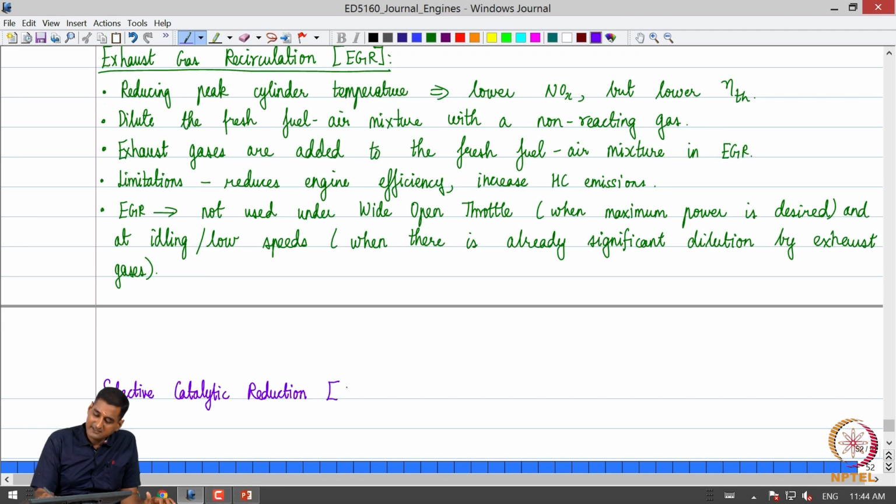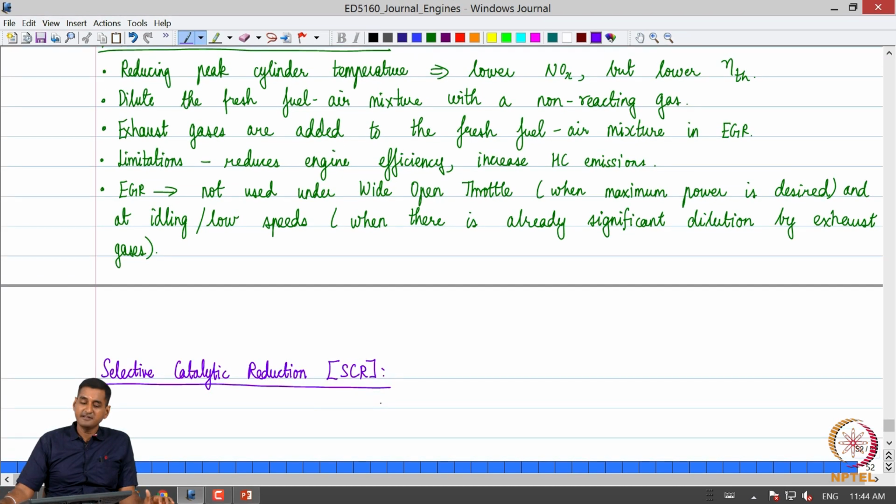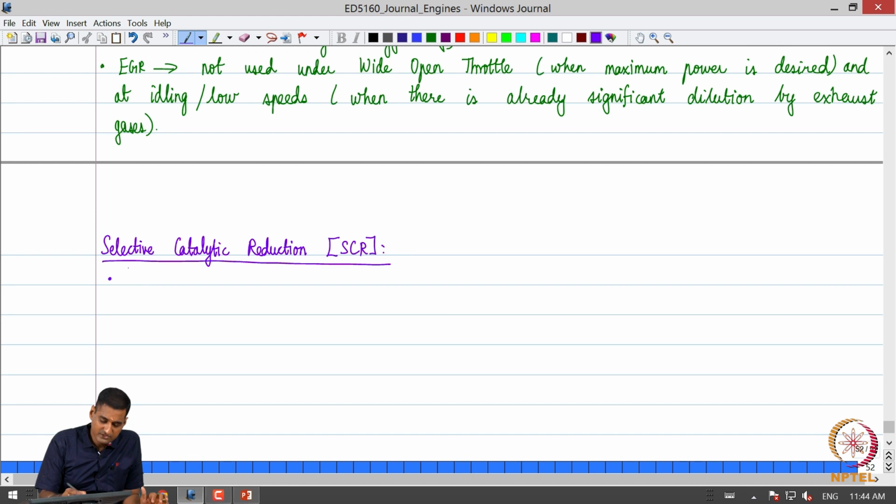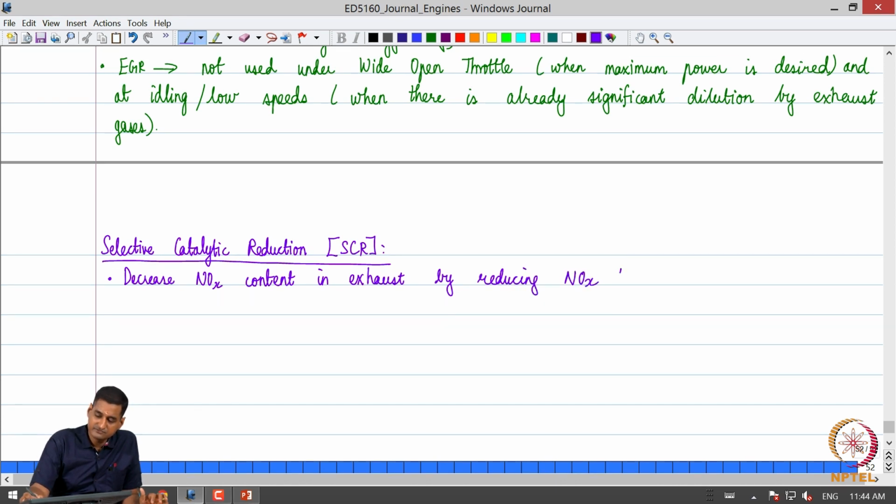Selective catalytic reduction, abbreviated as SCR, is also used to decrease NOx content in exhaust by reducing NOx to N2.